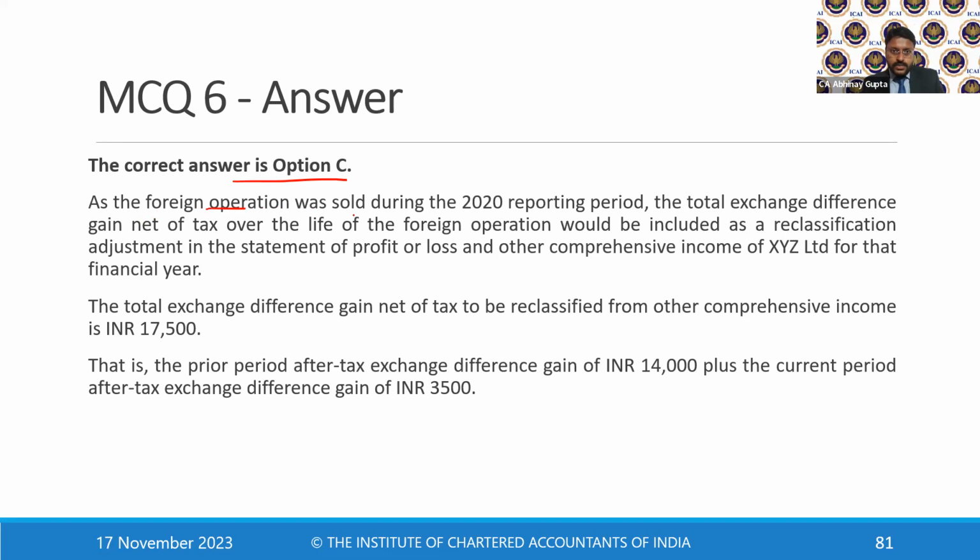So as the foreign operation was disposed of during the 2020 reporting period, the total exchange gain or loss net of tax over the life of the foreign operation, that is since when this foreign operation was acquired till the date of disposal, whatever is the accumulated gain or loss appearing in the foreign currency reserve would be included as a reclassification adjustment in the statement of PNL. That is, it will be reclassed from OCI to PNL.